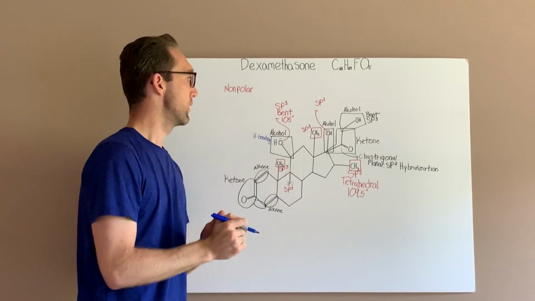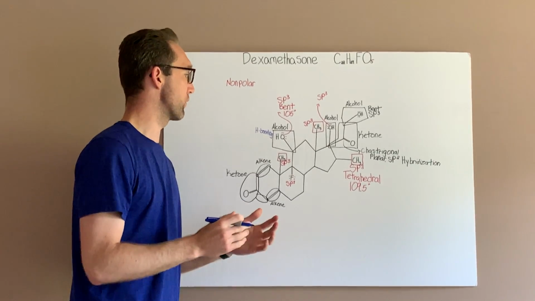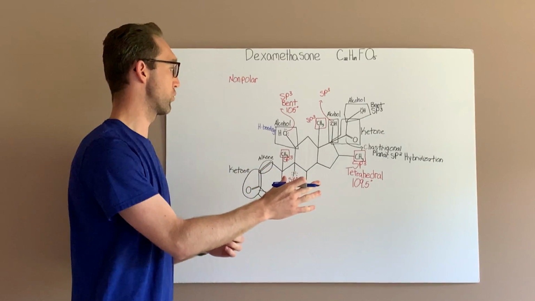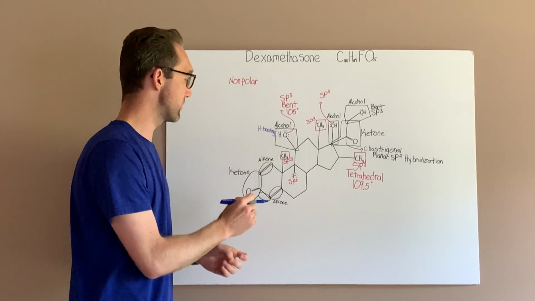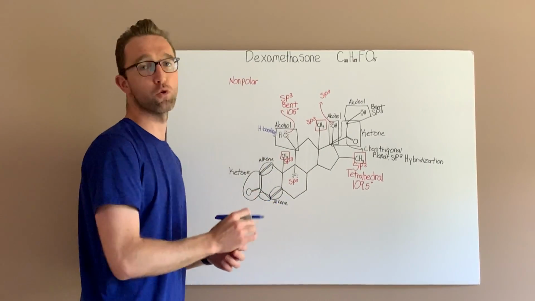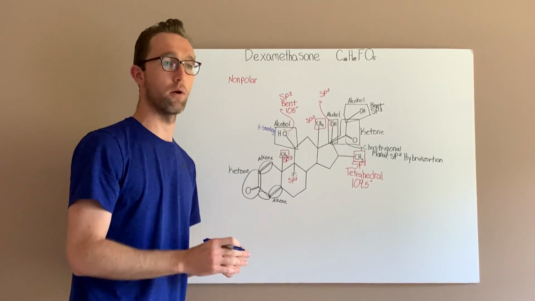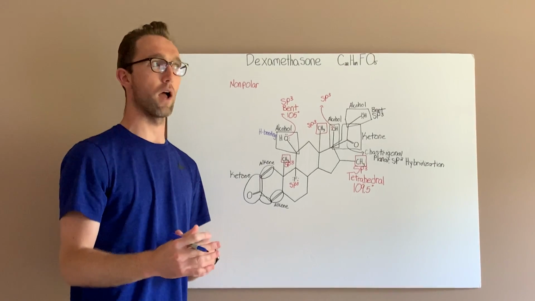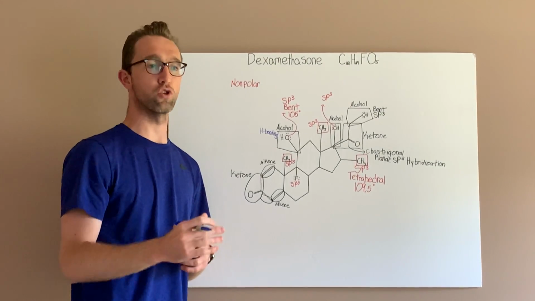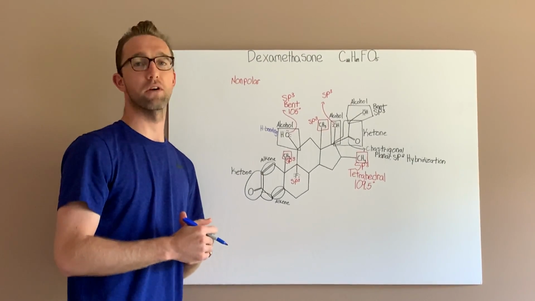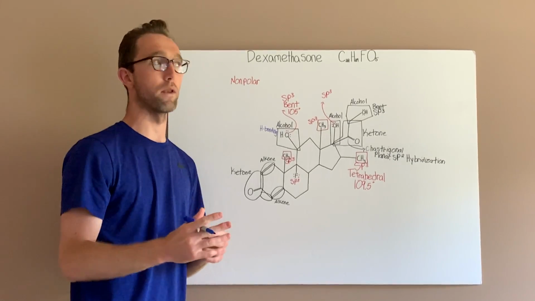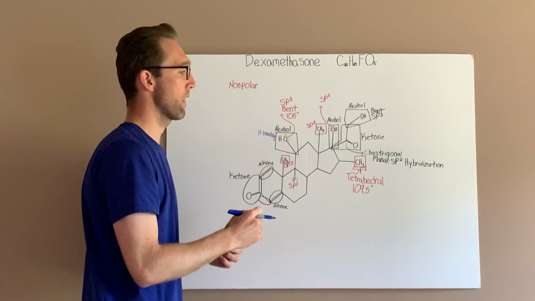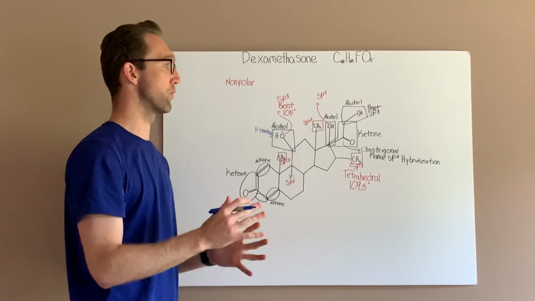Our next intermolecular forces are seen on the functional groups of the alcohols and the ketones, and it's between the oxygen and the carbon. If we remember, oxygen's electronegativity is 3.5, carbon's electronegativity is 2.5, so that gives us an electronegativity difference of 1, meaning that we have polar bonds going on here, and we actually have dipole-dipole.